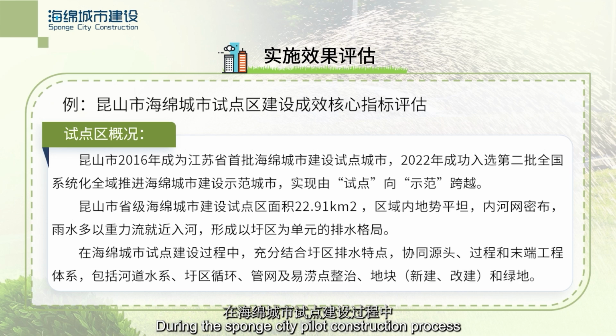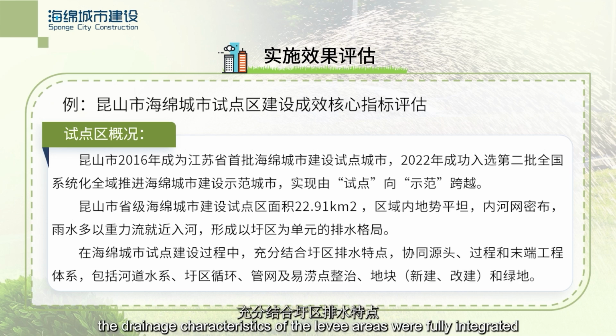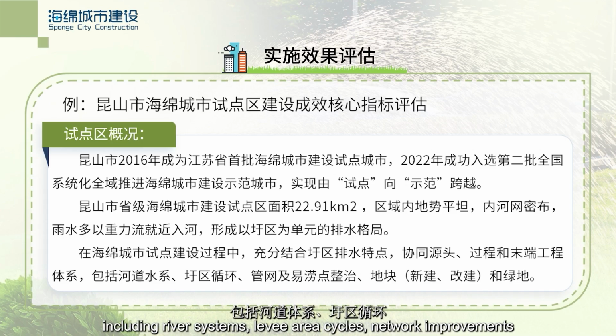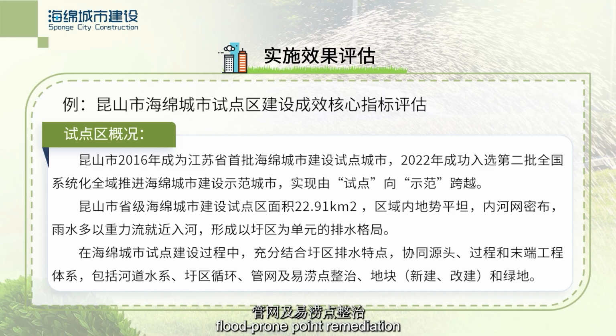During the Sponge City pilot construction process, the drainage characteristics of the levee areas were fully integrated, collaborating on source, process, and end engineering systems, including river systems, levee area cycles, network improvements, flood-prone point remediation, and site and green space development.